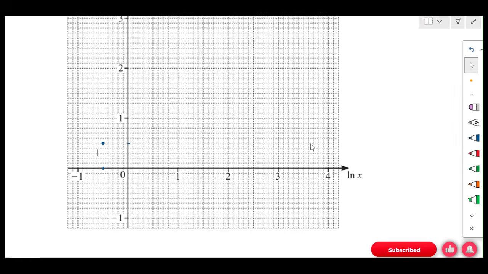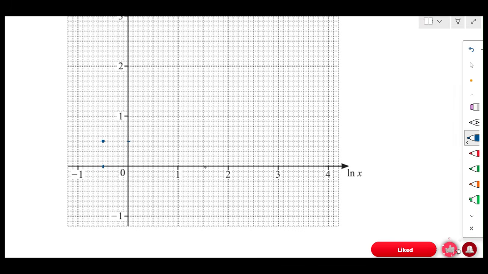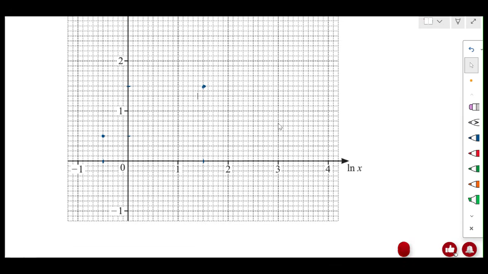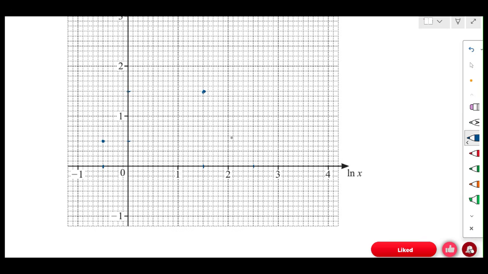Okay, ln x is 1.5, then ln y is also 1.5. This point. So go up. This is the second point. Okay, ln x is 2.5 and ln y is 2. When we have 2.5 over here, this value is 2, so 2 and 2.5.